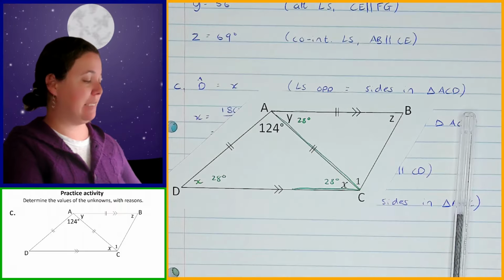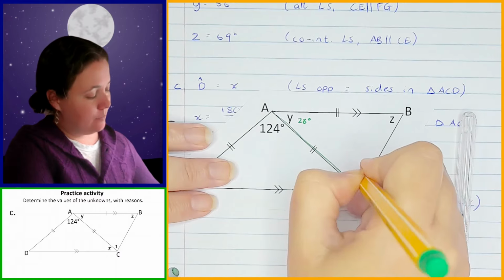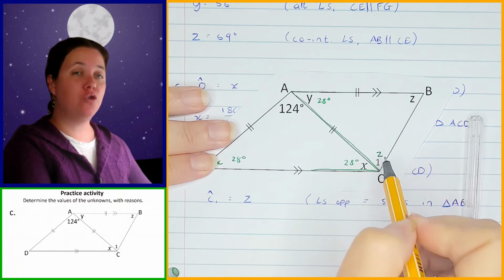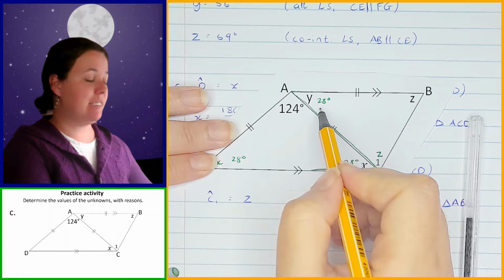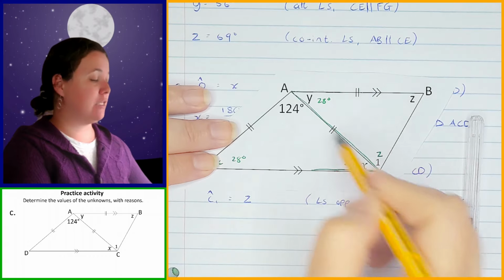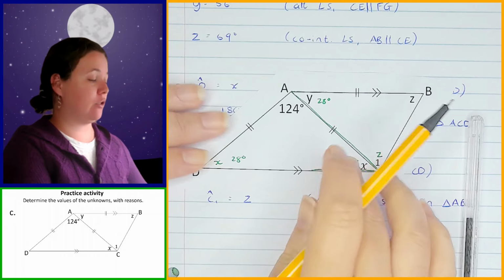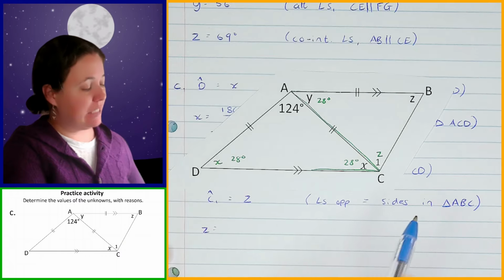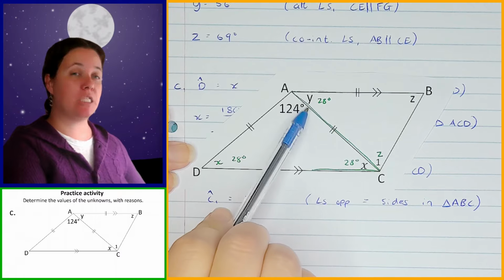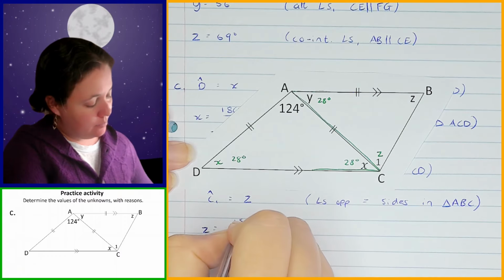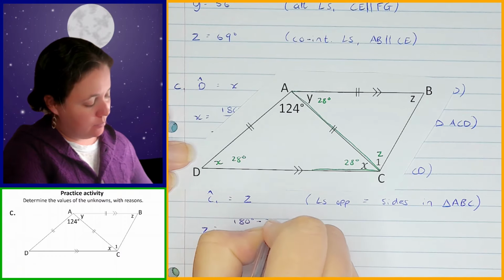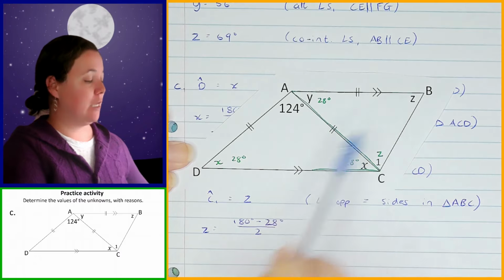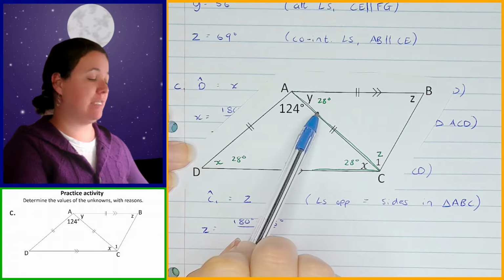Okay, so then this is Z over here, like that. Now that I know I've got two Z's and a 28 degrees, I can work out what Z is by using the interior angles of that triangle. So I can say that Z is equal to 180 minus 28 and then divided by 2, because 2Z is 180 minus 28.